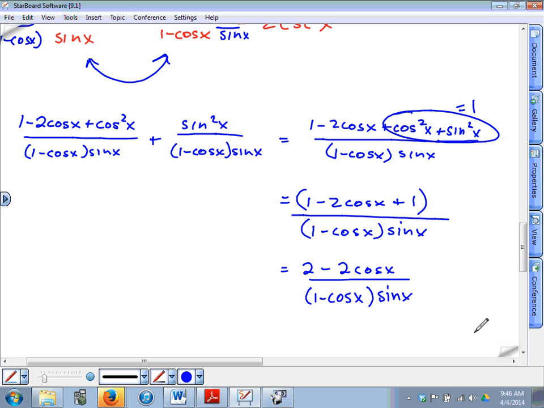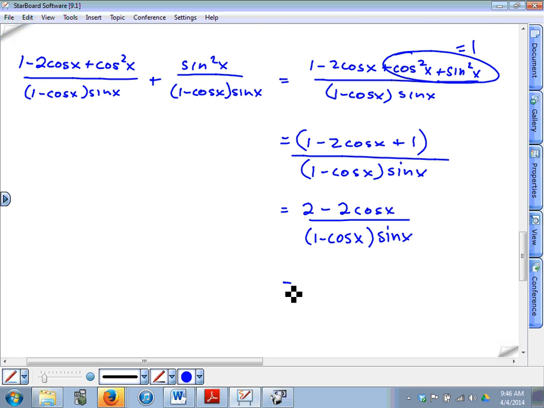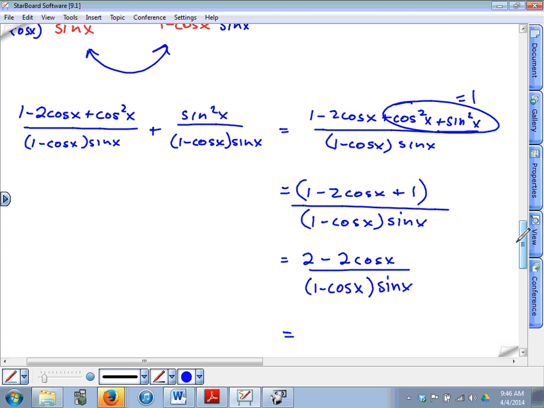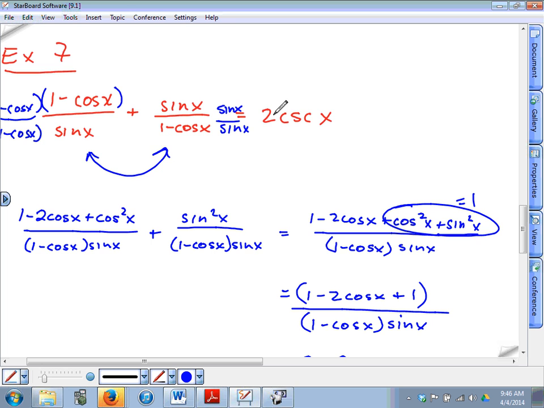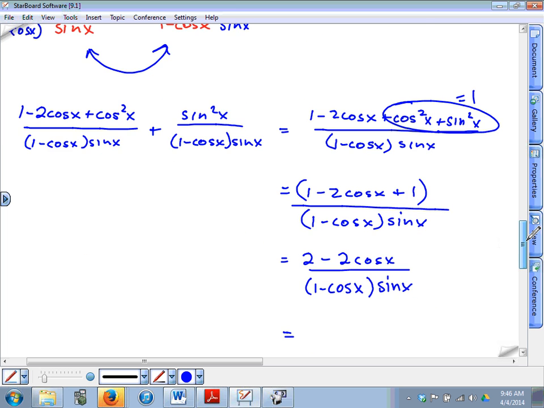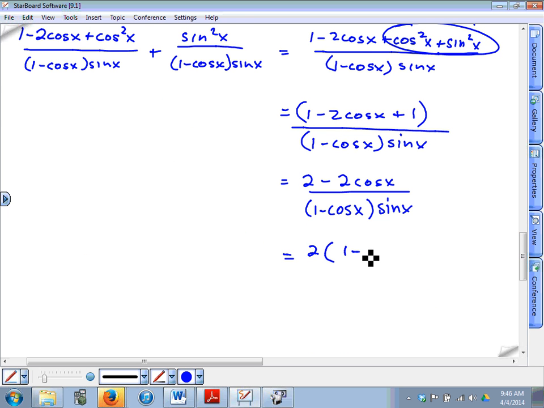I was looking at that, I was like, too bad it's not divided by 2, because they would cross out. The reason I was focused in on the bottom is we have just a very simple term, 2 cosecant of x. If you factor out the 2, you have 1 minus cosine of x, and on the bottom you have another 1 minus cosine of x, sine of x.